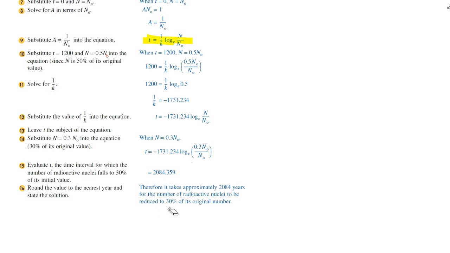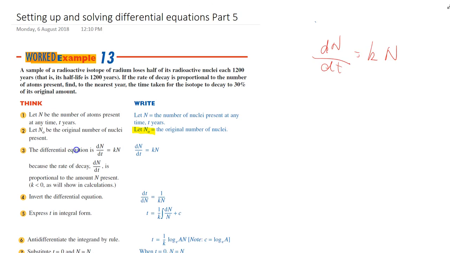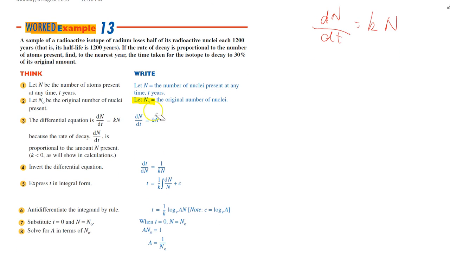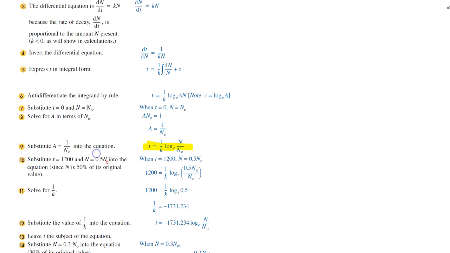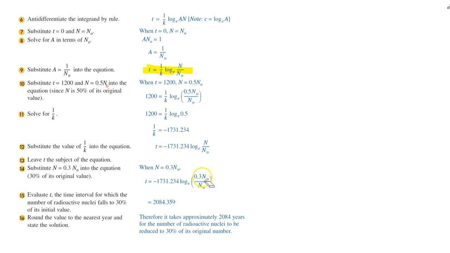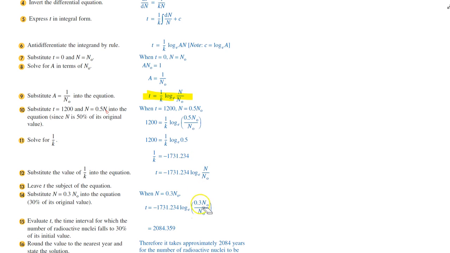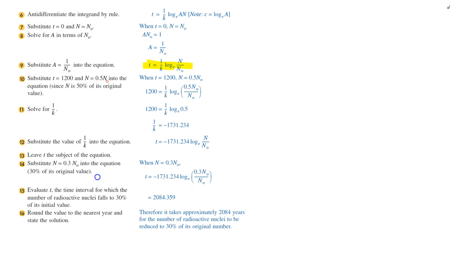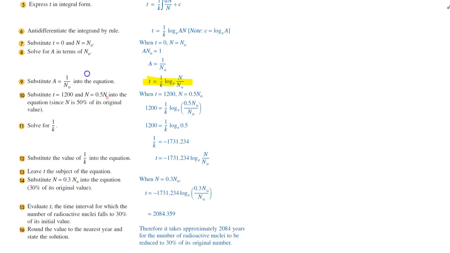All right, so a little bit of sneakiness here. If I don't have a known original number of nuclei, then I can let it be N0. Throughout our process, as long as we have some multiple of N0, a half, 30%, then we can put those known multiples of N0 into our equation, and those multiples of N0 cancel out, and we're left with something nice and neat.